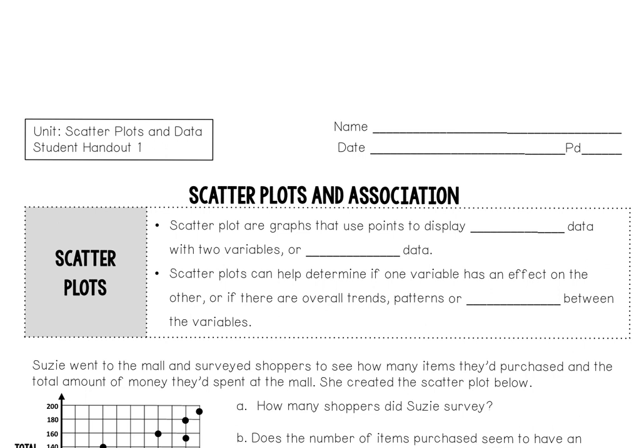Scatter plots are graphs that use points to display numerical data with two variables, or bivariate data.